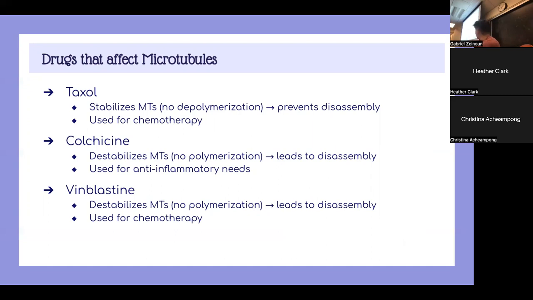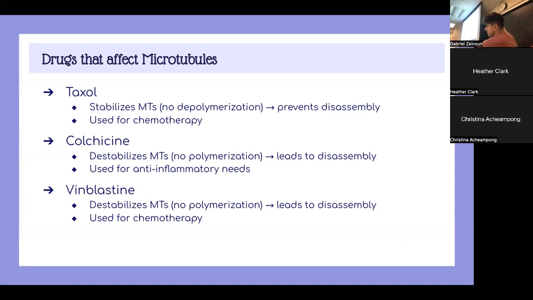They both destabilize microtubules, and when administered to the cells, they lead to disassembly and don't allow polymerization to occur. Colchicine is used for anti-inflammatory needs, and vinblastine is used for destabilizing microtubules for chemotherapy.